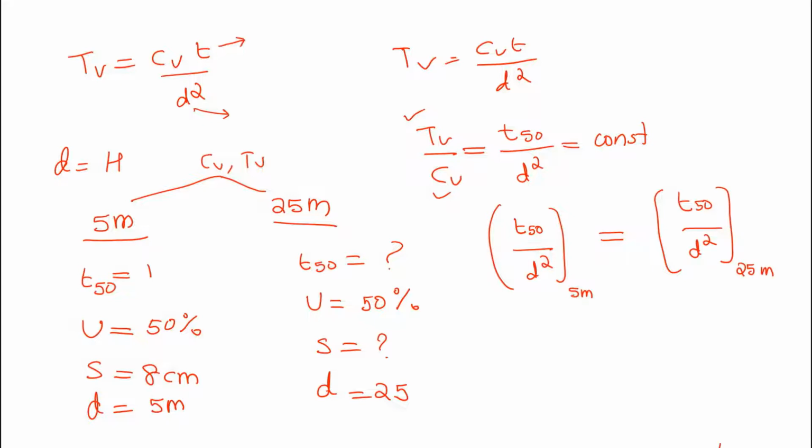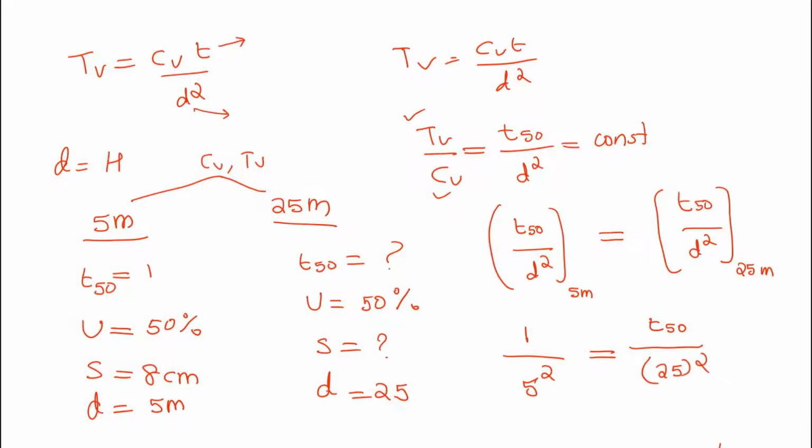So what is T50 for the 5 meter thick clay layer? It is 1 year. D is 5, so 5 square will be equal to, I don't know how much time it will take for the 25 meter thick clay layer to reach 50% consolidation. So I am taking it as T50 itself. D, the thickness of the clay layer, is 25 square.